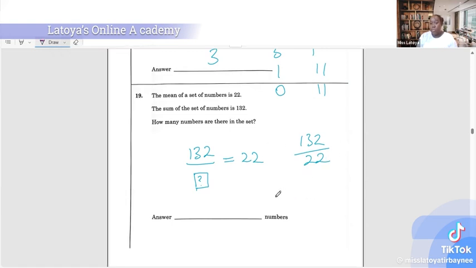So let's count in 22s. 22, 44, 66, 88, 110, 132. Some of you might have multiplied 22 by 2, by 3, by 4, etc. until you get your answer. You're still getting 6. So 22 into 132 is 6.